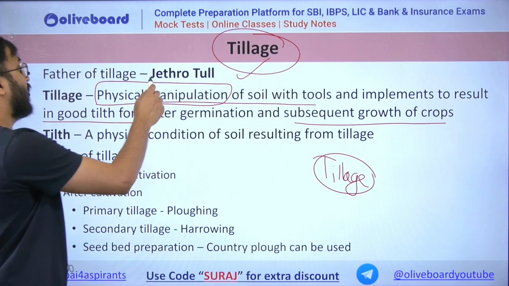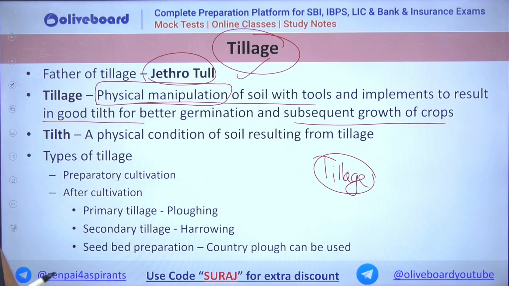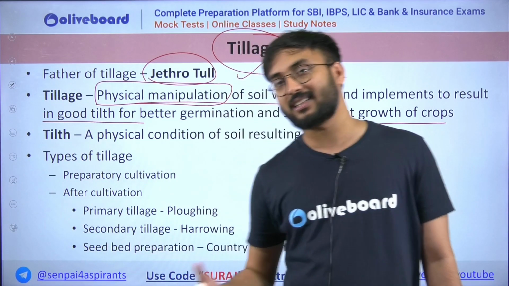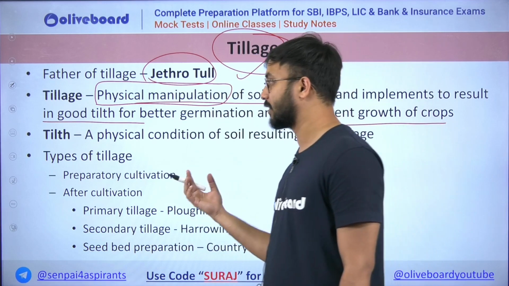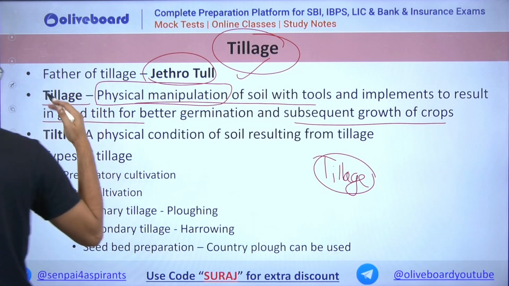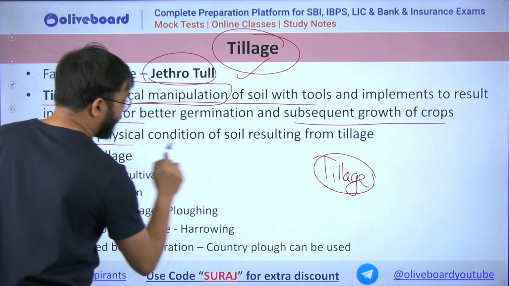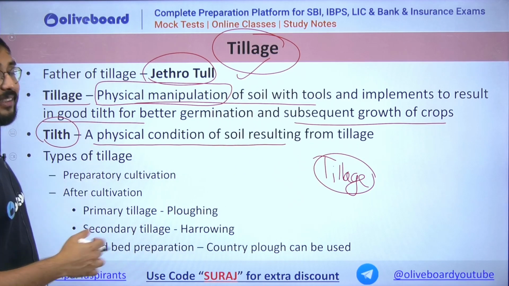The father of tillage, the name you should be reciting, is Jethro Tull, and it has been asked multiple times in different agricultural exams. Now, if tillage is the activity of physical manipulation of the soil, then tilth is nothing but a physical condition of soil resulting from the tillage.